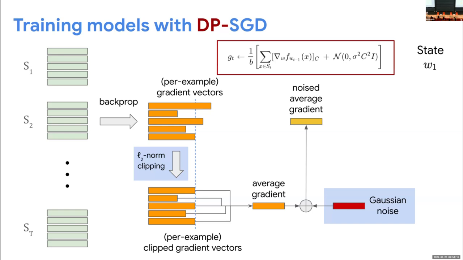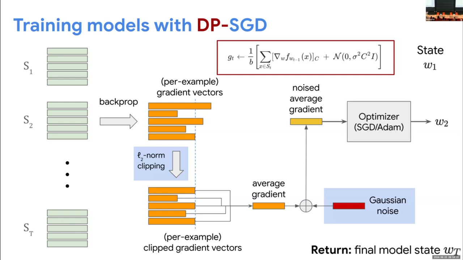The Gaussian noise is of scale sigma times C, where C was the clipping norm, the norm at which you clipped, and sigma is referred to as the noise multiplier. Okay, and then you pass this noisy gradient to the optimizer, and you update the state, and again you return the final model state.